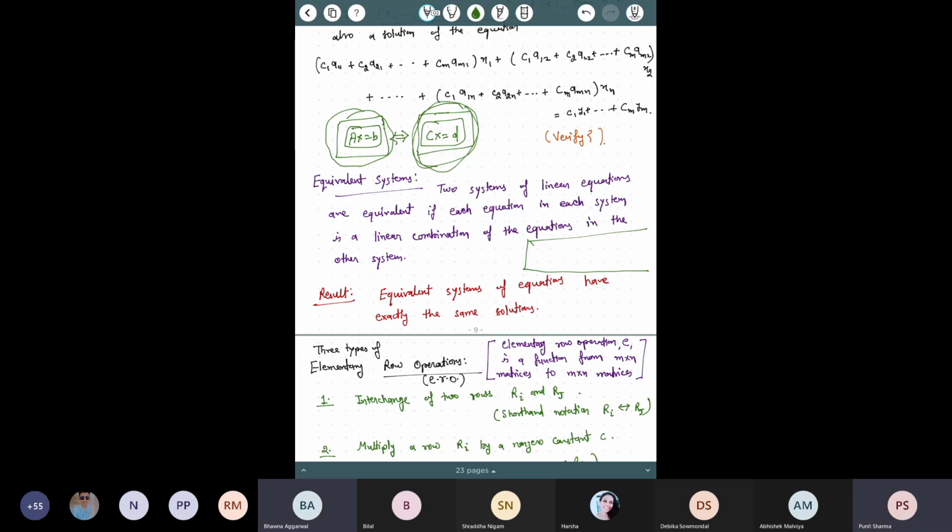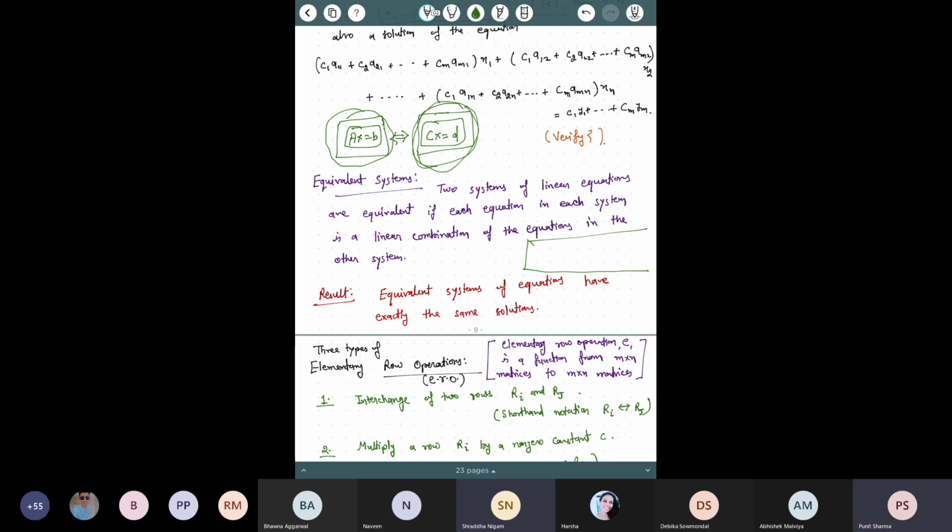What I want to say is that you are defining some operations, right? These operations are defined on a matrix. We can define that from a linear combination of this one. What I'm saying, sir, is that if we can define some operation that does not lose its originality, then this operation can be called an elementary row operation.